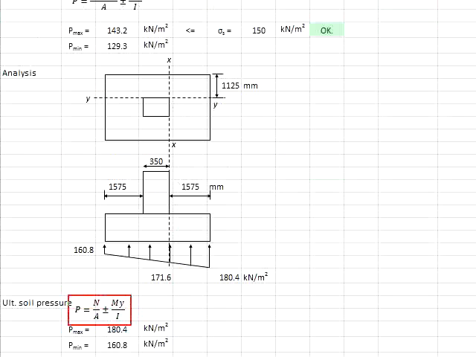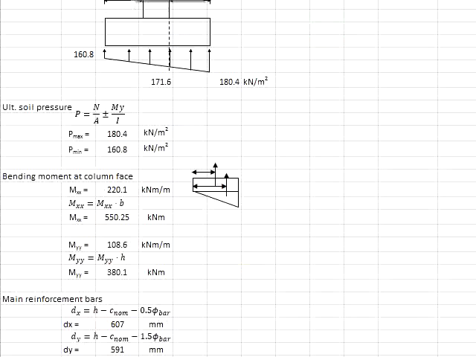Based on the equation here, you will get your ultimate stress at 180.4 kN per meter square and 60.8 kN per meter square. Now you will need to determine the bending moment acting at the column face. Referring to the stress diagram here, you need to determine the stress at the column face.